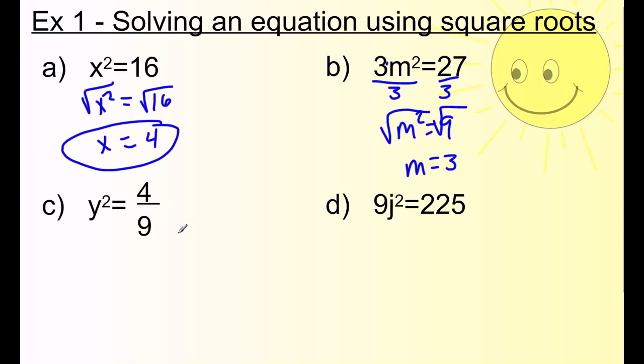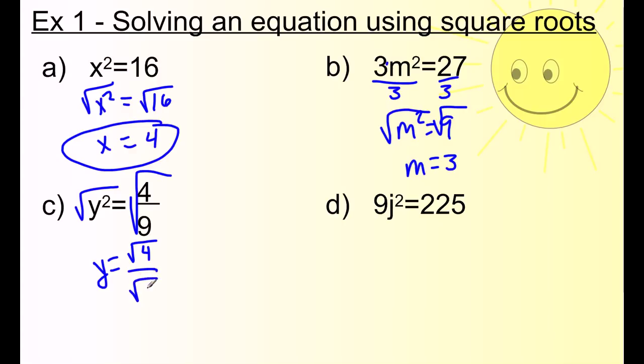Now, in letter C here, we have a fraction. It says y squared equals 4 over 9. Well, if we square root it, which is what we should do to get the y by itself, we separate it into 2 separate problems.